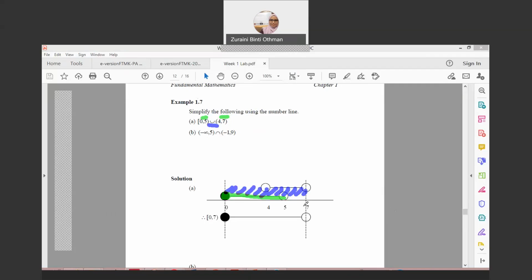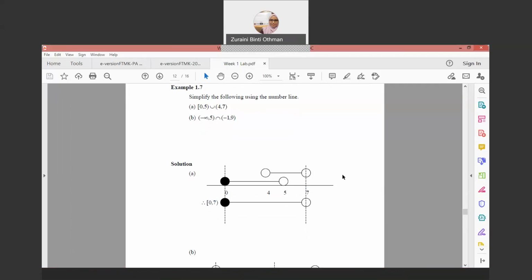Maksudnya dia ialah yang paling kecil kosong, dan kosong ini ialah close interval. So remain it as close interval, square bracket. Then yang paling besar is 7. 7 is open interval. So remain it as bracket yang macam tu.